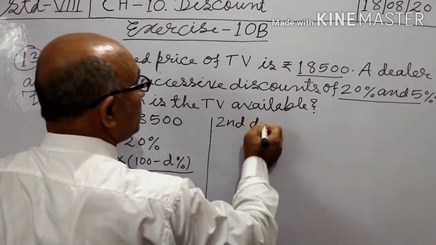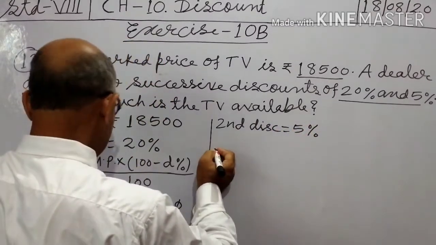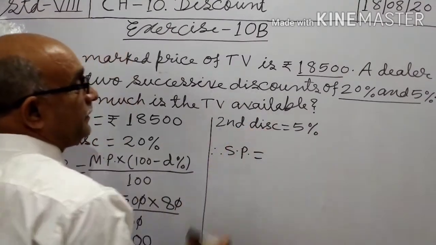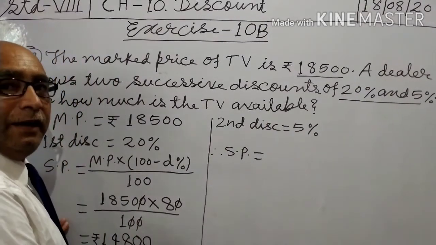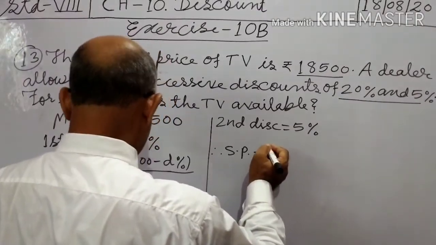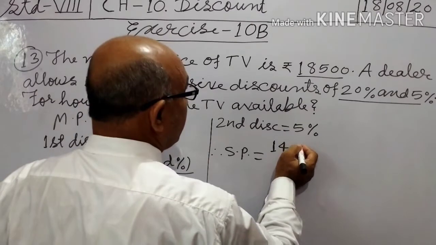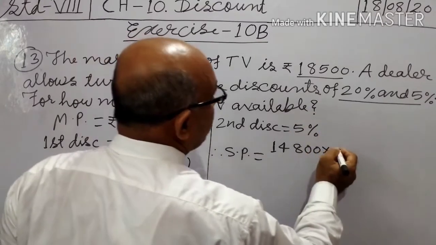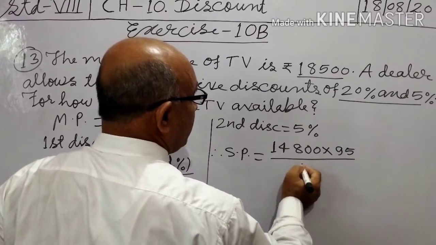Now second discount. Second discount is 5%. So SP at 5% discount. 14,800 is MP for second discount. So MP into 100 minus discount by 100. 14,800 into 100 minus 5, 95 by 100.